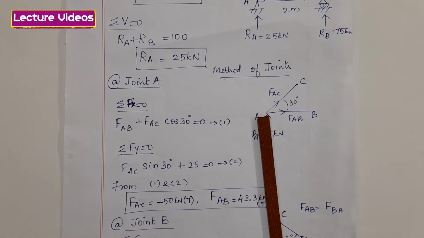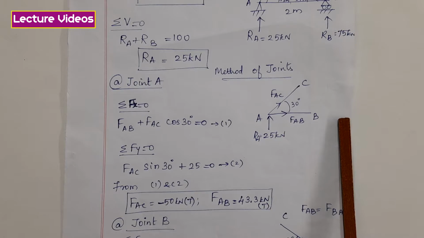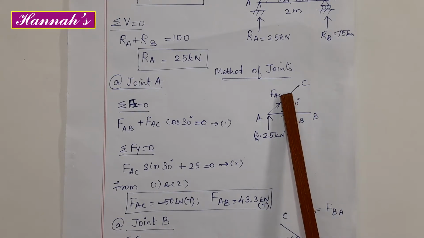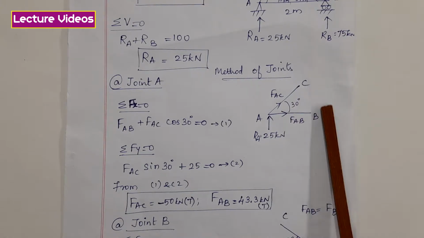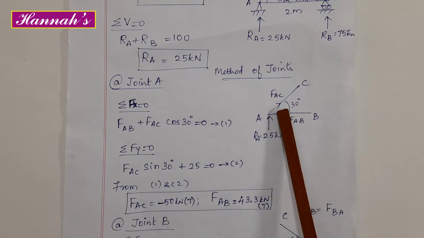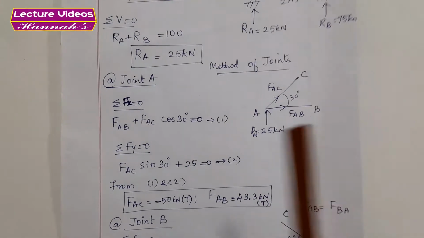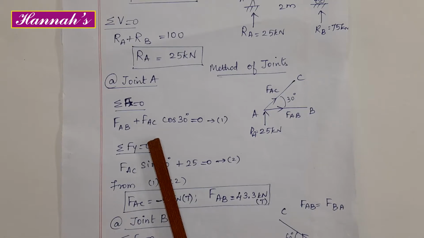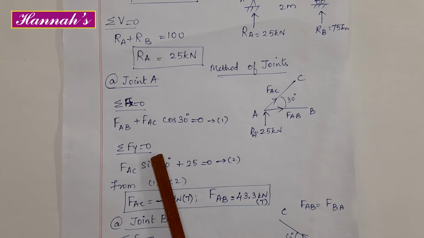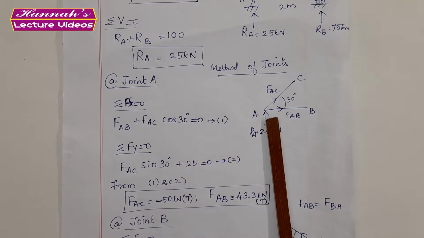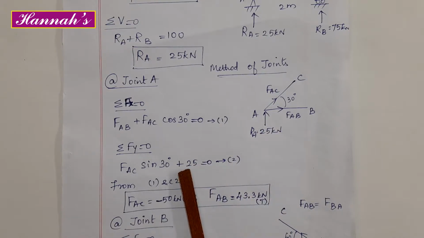If I resolve along the horizontal direction, the force along AB will be in the positive x direction. Angle is measured from this base, so resolving the force in AC along the horizontal AB direction will be positive. It will be plus FAC cos theta. Sigma Fy equal to 0. I have a force of 25 kilonewton, that is a reaction going in the positive y direction, so plus 25.